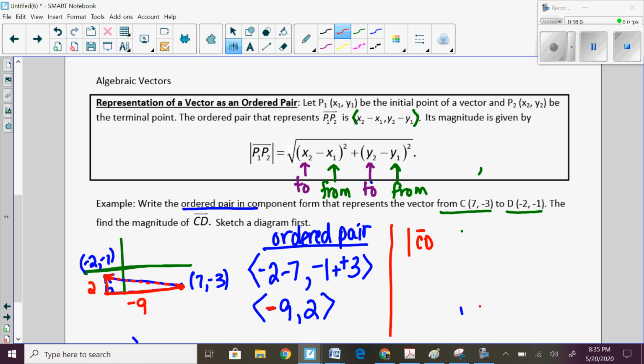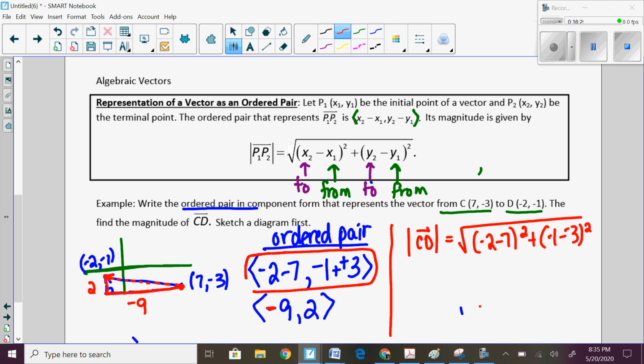The absolute value of CD equals the square root of, well, we would actually put in negative 2 minus 7 squared plus negative 1 minus negative 3 squared, which is exactly what we did over here. So to be honest, if you want to just jump to the chase, we could use what we just figured out and have negative 9 squared plus 2 squared.